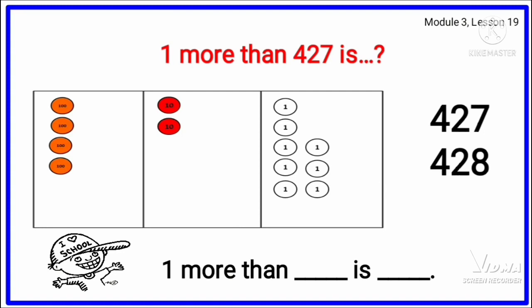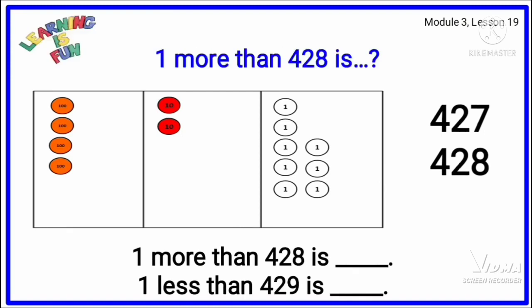Now, what is 1 more than 428? It will be 429. 1 less than 429 is 428. Now 1 more than 428 is 429. You're correct.